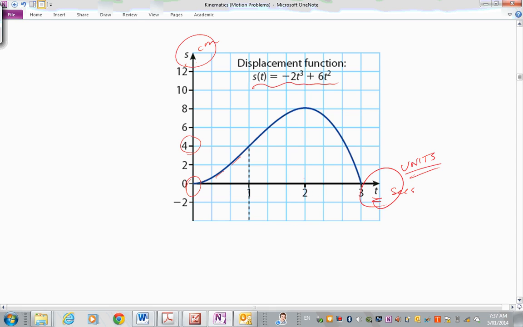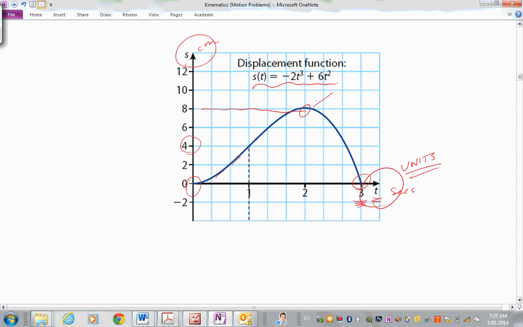Then at 2 seconds, it's 8 centimetres away from the origin. Oh, then it must stop, because it's coming less. It's getting closer to the origin, isn't it? So at 3 seconds, it's back to the origin.